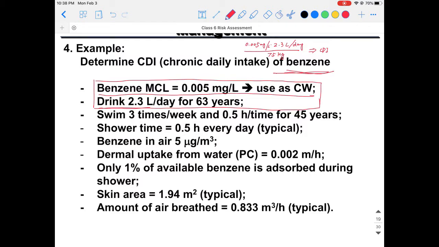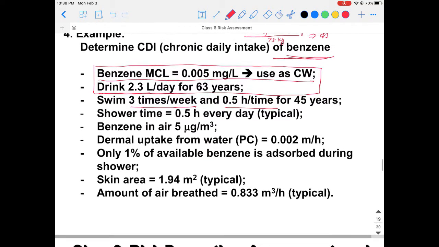And so there's also dermal contact with this water here. We swim 3 times per week, 0.5 hours, basically 30 minutes per time, for 45 years.